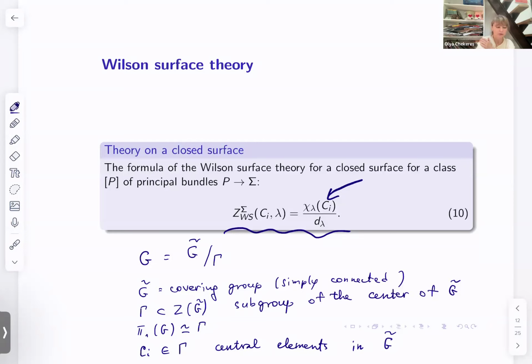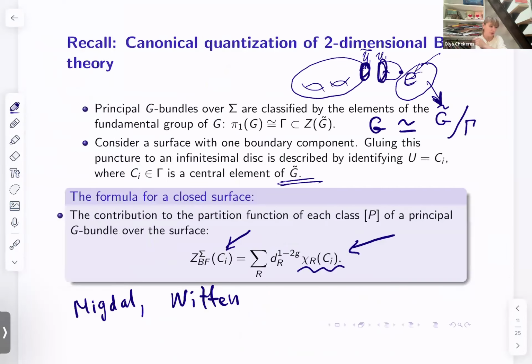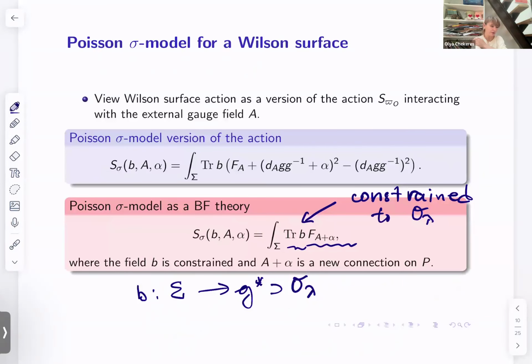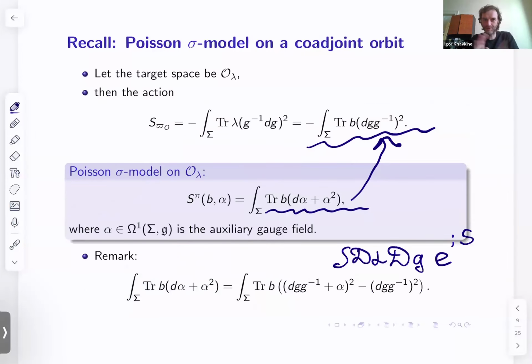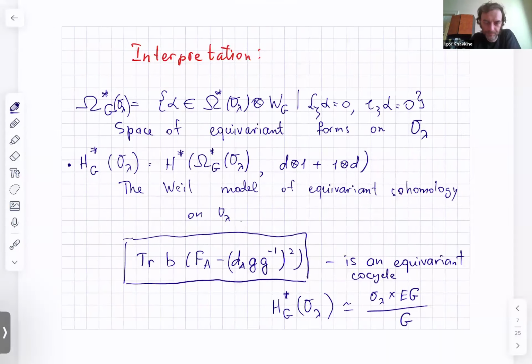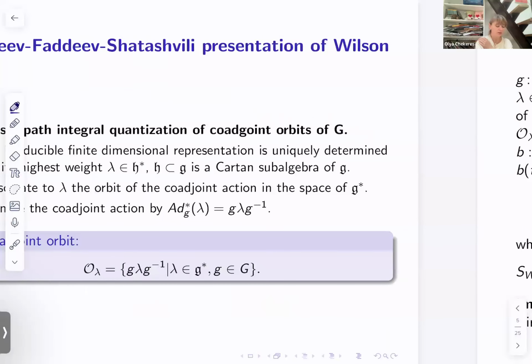So there will be holonomy of the connection A plus the auxiliary field, which appeared here. Each one of these chi C's could be written as a regular Wilson loop expression. Okay, so that's what I wanted to clarify. All right, thank you.